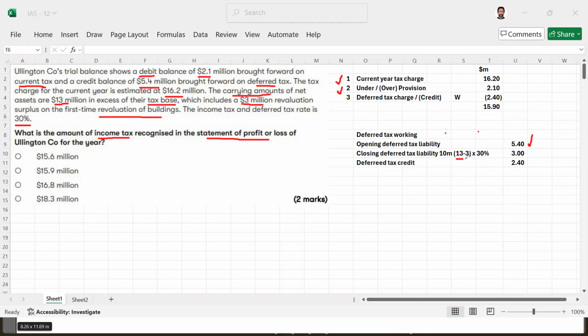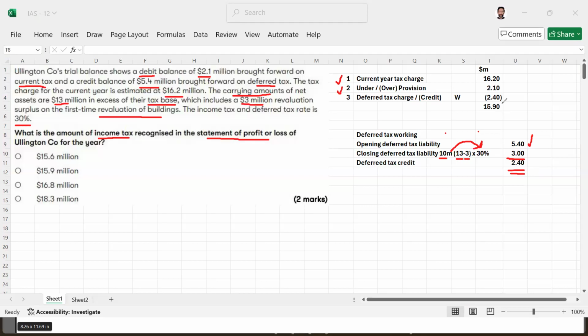However, 3 million related to revaluation, so we deducted that. So we were left with 10 million. We multiplied that by the tax rate. So we were able to calculate the closing deferred tax liability. And when we took the difference of the two, 2.4 million was the deferred tax credit. The credit is deducted here.